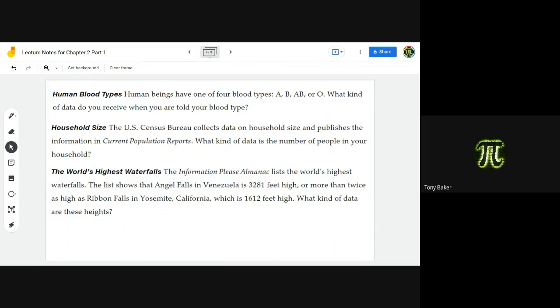Household size. The U.S. Census Bureau collects data on household size and publishes the information in current population reports. What kind of data is the number of people in your household? Yes, that is quantitative. Now, is that discrete data or a discrete variable or a continuous variable? Can you have 2.5 kids?